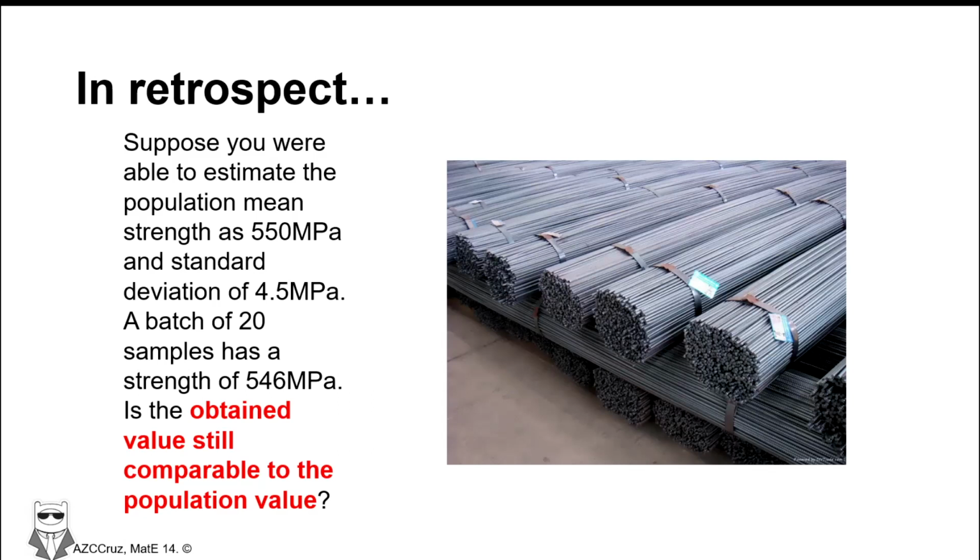Pero for hypothesis testing, instead of finding that interval, parang ang gusto natin is, for example, ang nakuha natin from a batch of 20 samples na kinuha natin is 546 megapascals.